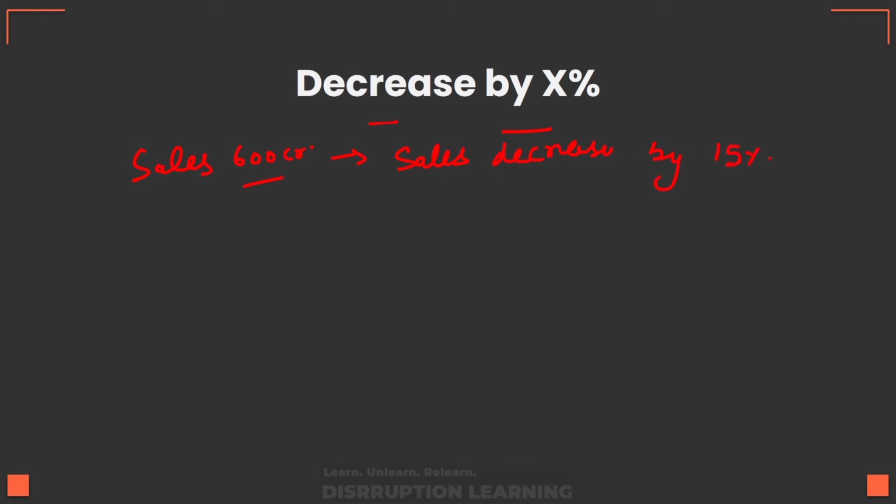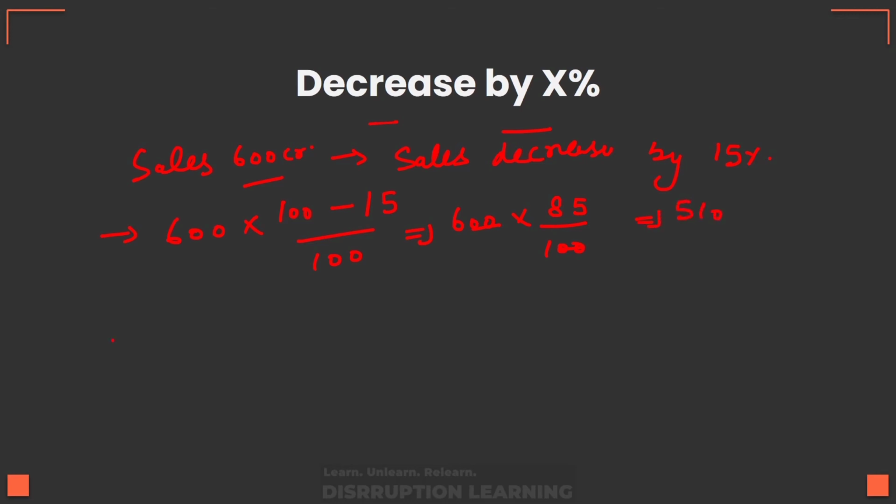This is going to be quite similar to what we have done already. So 600 into 100. This time we are going to decrease it by 15. The numerator is going to decrease by 15 and the denominator would still be the same. So 600 into 85 by 100. Again, we know how to solve that, and this would turn out to be 510.